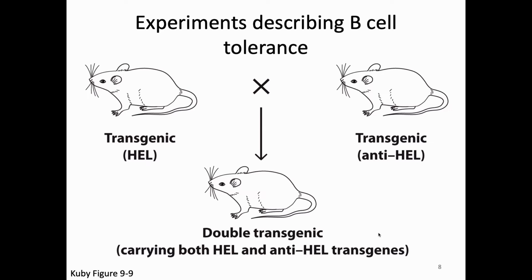Shocking, I know. So then what the heck is this? HEL stands for hen egg lysozyme. The only part of that you actually have any reason to care about is that the H stands for hen, which is a kind of chicken.